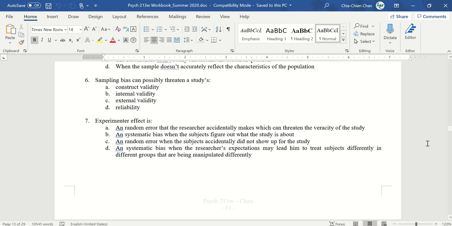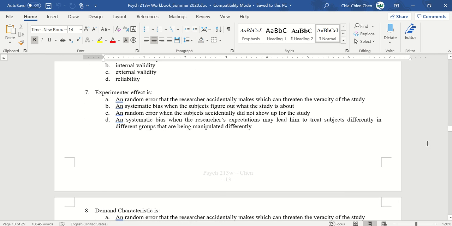Okay. Number 7, experimental effect is it A, a random error that the researcher accidentally makes? Okay, so that's not it. Is experimental effect a systematic bias when the subject figures out what? No, that's not. B is demand characteristics.